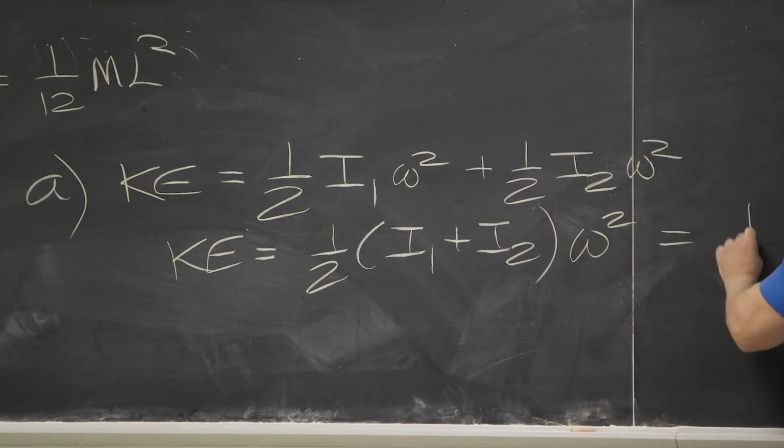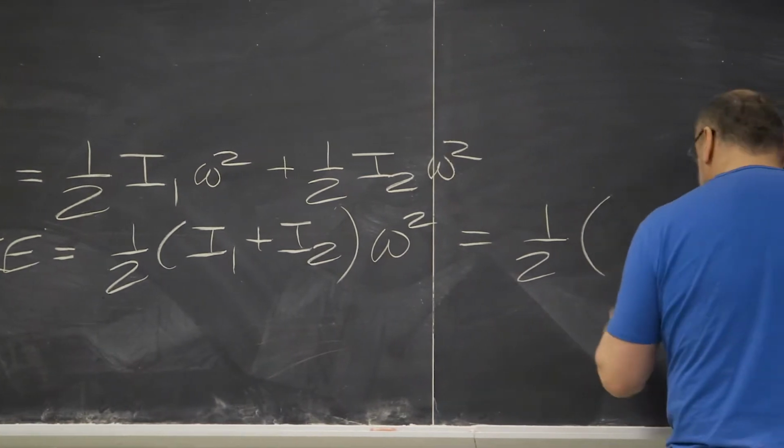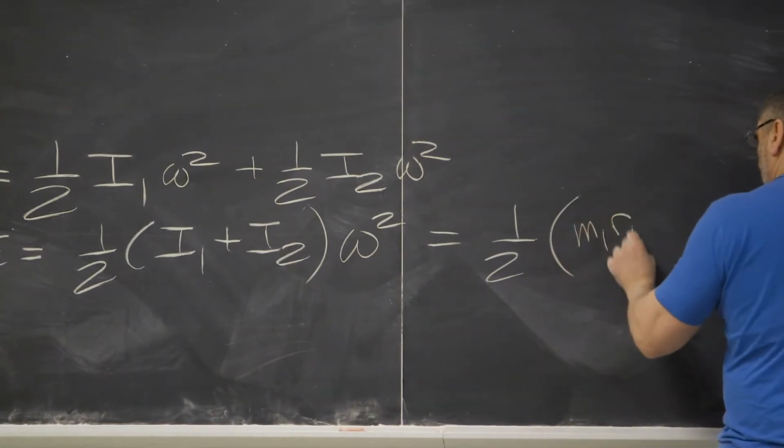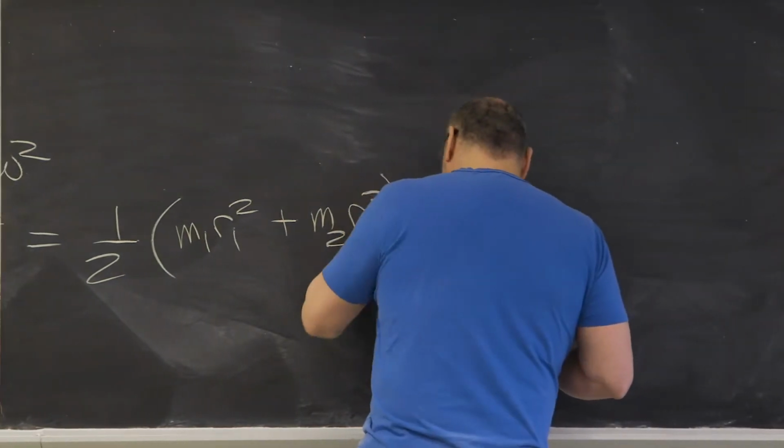Which is equal to, what's the moment of inertia? If it's a point mass, it's just M1 R1 squared. If it's a point mass, it's M2 R2 squared.